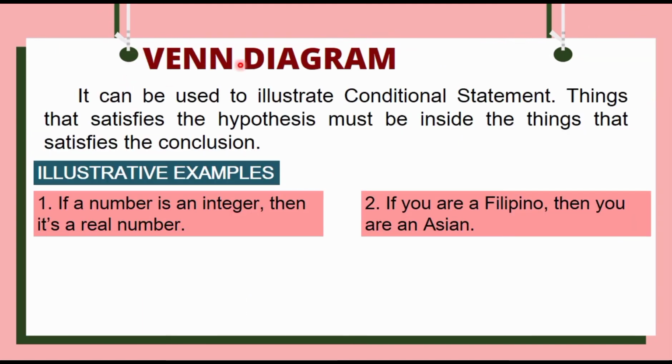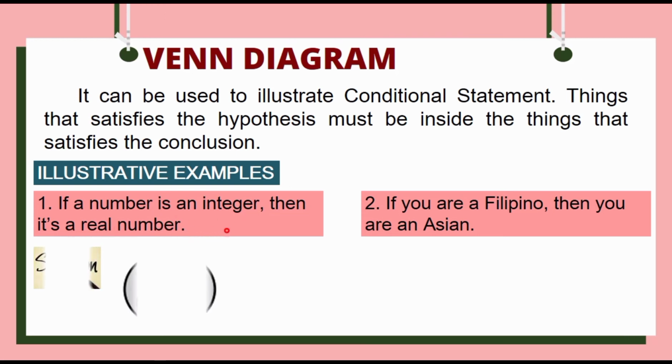Let us discuss the Venn diagram. A Venn diagram can be used to illustrate a conditional statement, or the if-then statement. Things that satisfy the hypothesis must be inside the things that satisfy the conclusion. Let us have the illustrative examples. For number 1, if a number is an integer, then it is a real number.